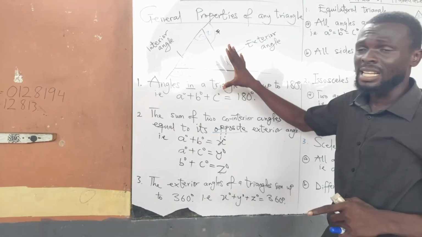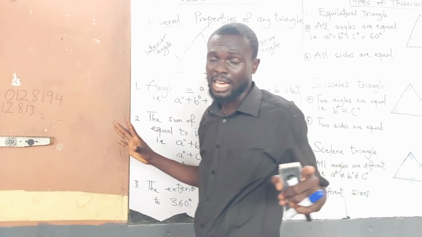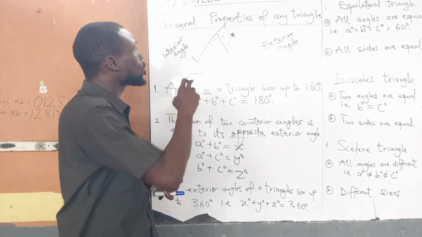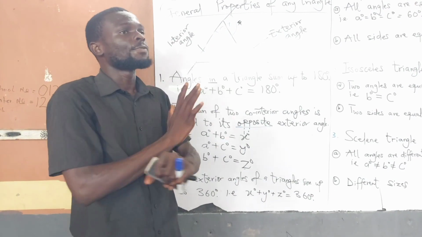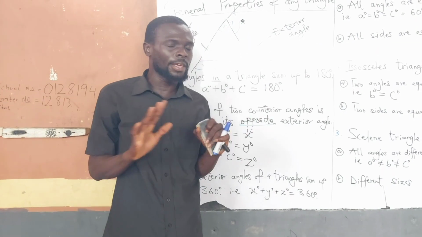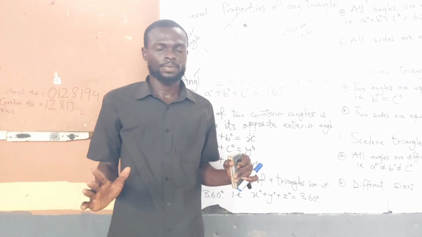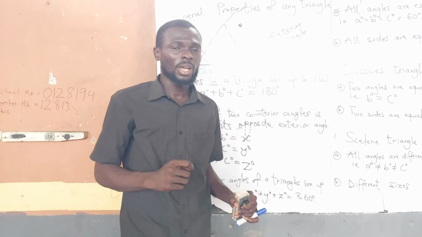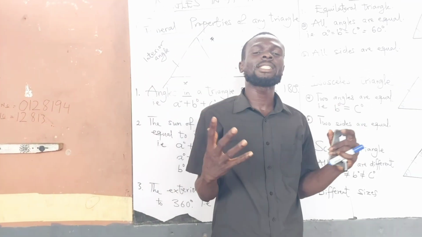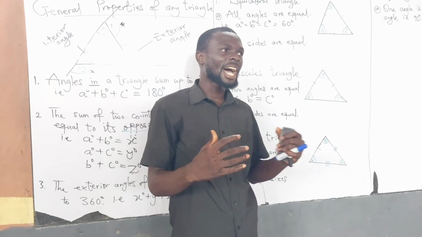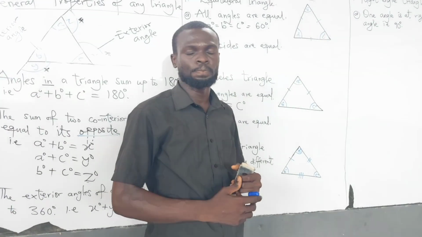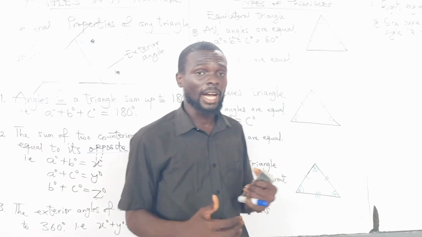So with this property, for any given triangle that you have, you apply it, because this is the general property for any given triangle. Now let's look at the types of triangle and also see the properties involved when it comes to the types of triangle.